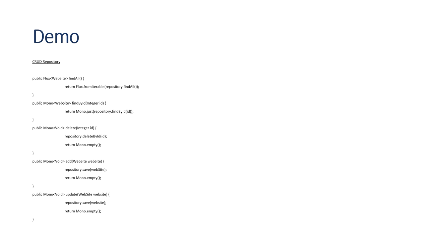This is basically the CRUD repository. You are defining these methods for your CRUD operations. You are fetching all websites, fetching a single website, deleting an existing website, adding a new website, updating an existing website. And accordingly, you are returning the response, either Mono or Flux.